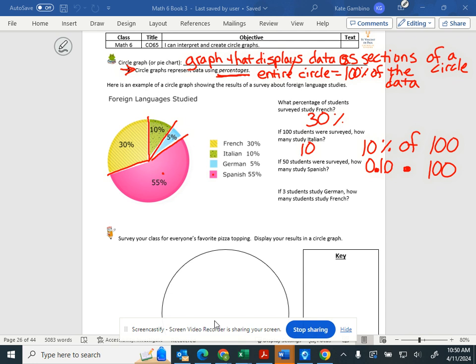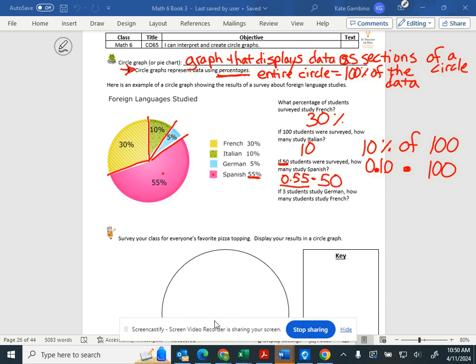Okay? So, if 50 students were surveyed, how many study Spanish? What is the math that I have to do? Who can tell me what math? Ava. You have to do 0.55 times 100 and then you get 55. Ooh, 0.55 times what? Spanish is 55%, but what is our total number of students now? 50.